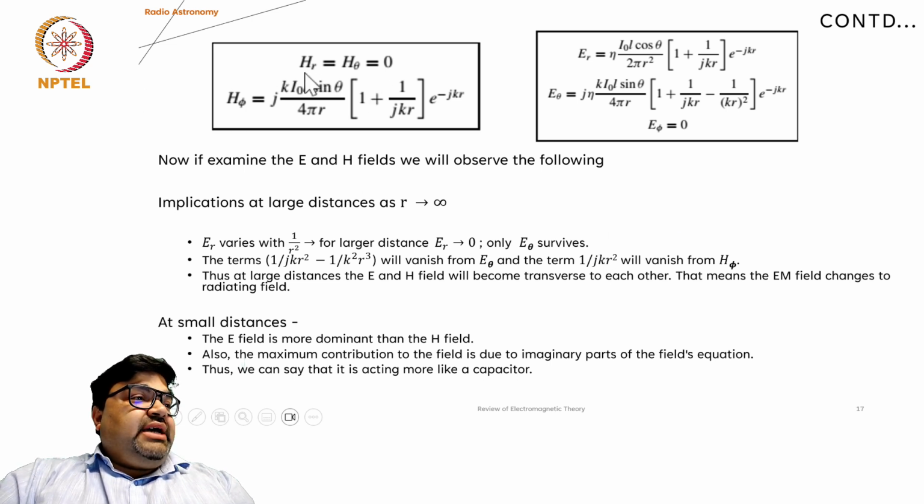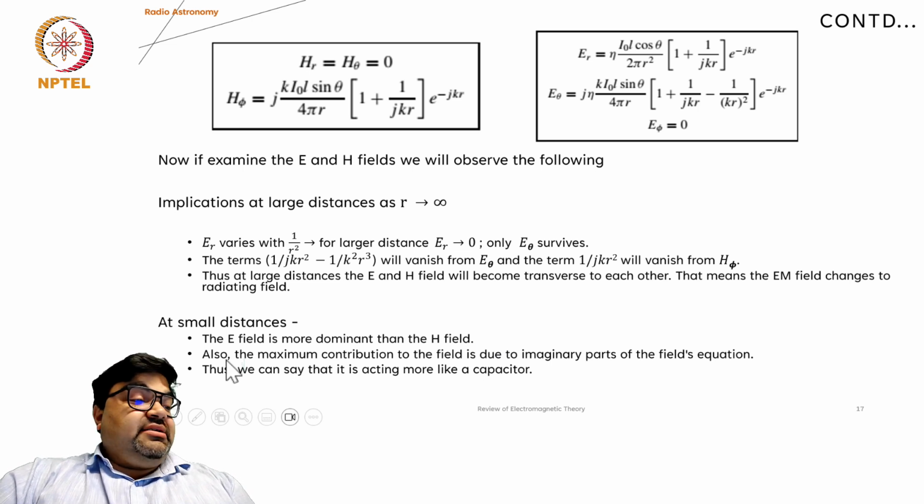Similarly, if you look at the H phi component, H_R and H theta are equal to 0 already. There also the second term, 1 over r square, goes to 0, so only the first term remains. It becomes much simpler in the expression. At small distances, the E field is more dominant than the H field.